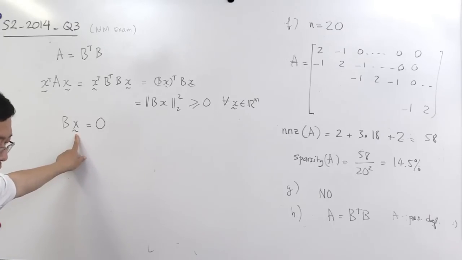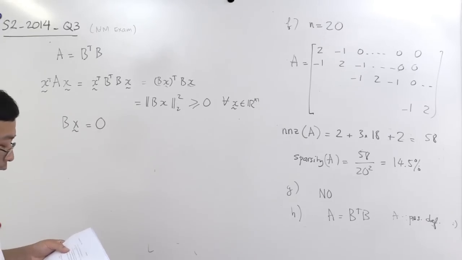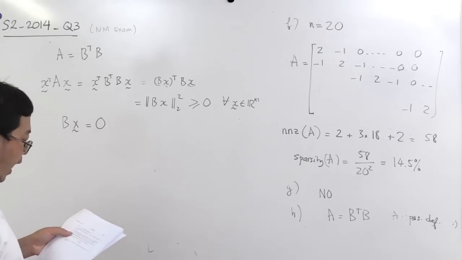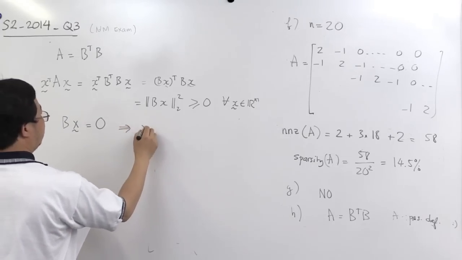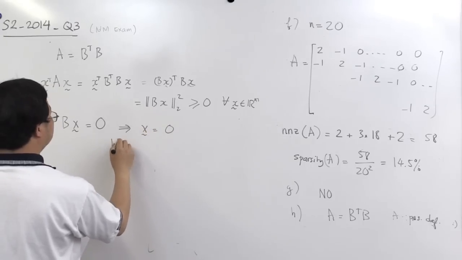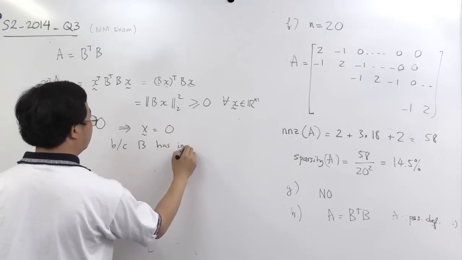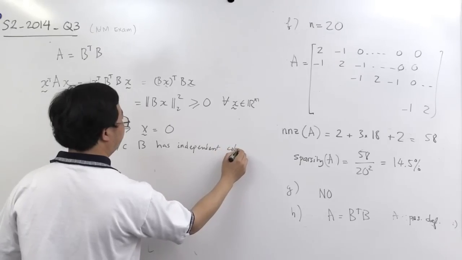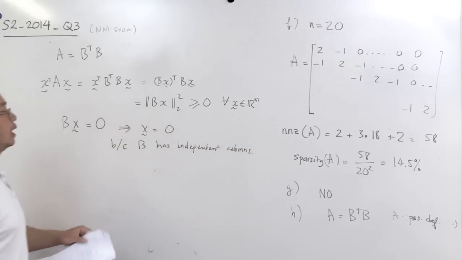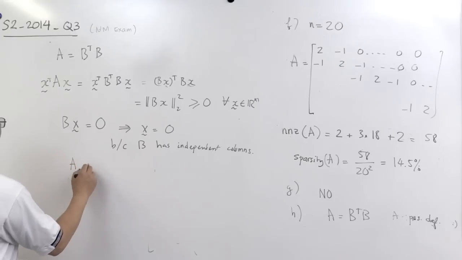If you look at the question, it says that B has independent columns. So x has to be equal to 0 because B has independent columns. That is the condition that forces the vector x to be equal to 0. So therefore A is positive definite.